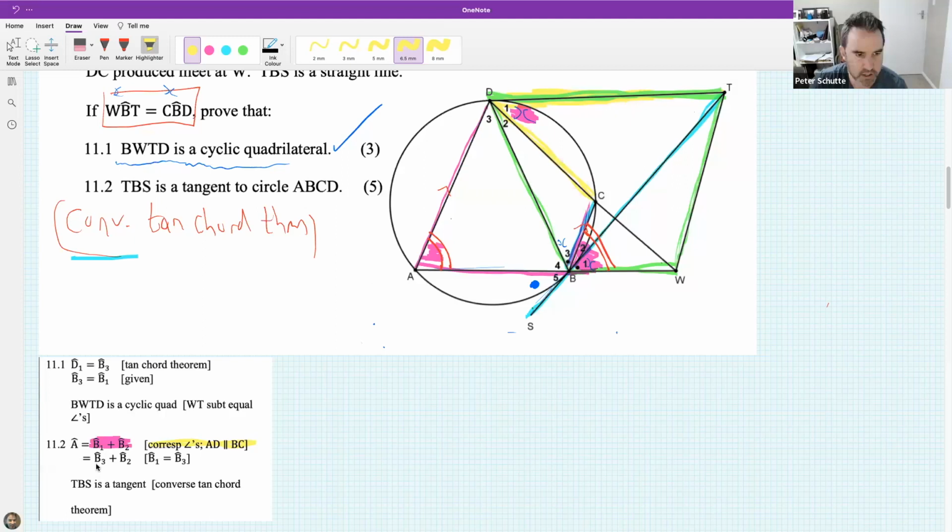But we know B3 plus B2 is equal to B1 plus B2 because we were given that at the very beginning. So at the very beginning, we said B3 is equal to B1. That was actually what we had. We know that this and this is equal to that, okay? Therefore, A must be equal to B3 and B2.